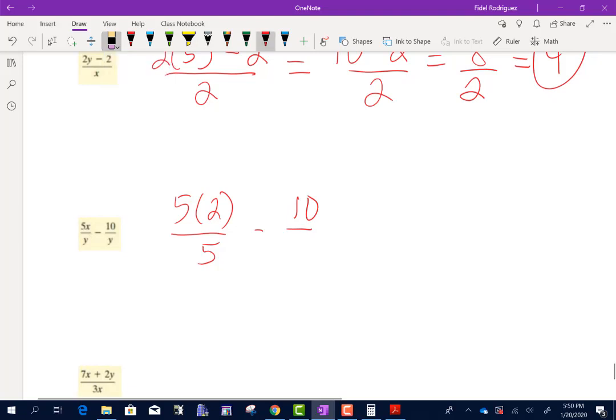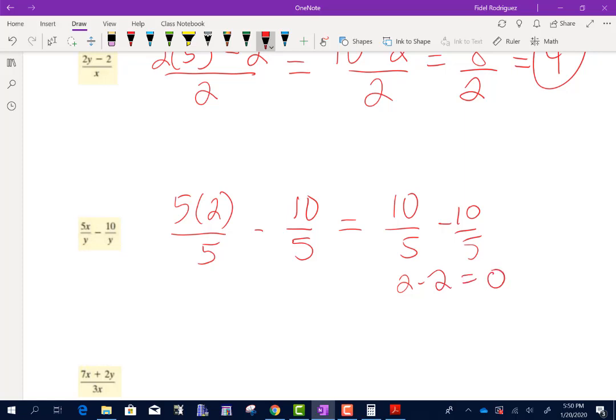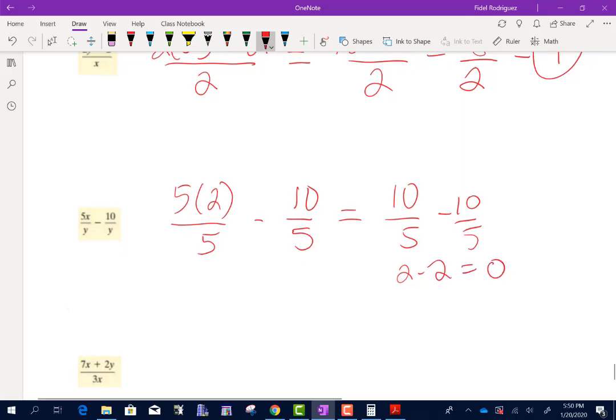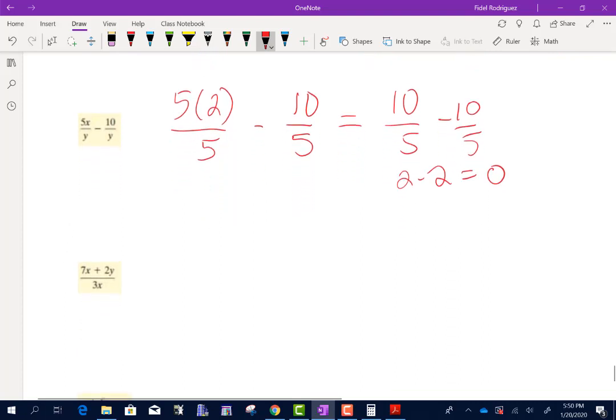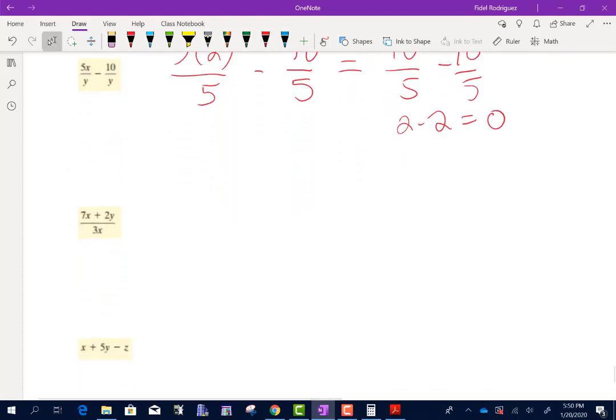So let's see, 5 times 2 is 10 over 5 minus 10 over 5. Let's see, 10 divided by 5 is 2, minus 10 divided by 5 is 2. That's going to give us 0, right?